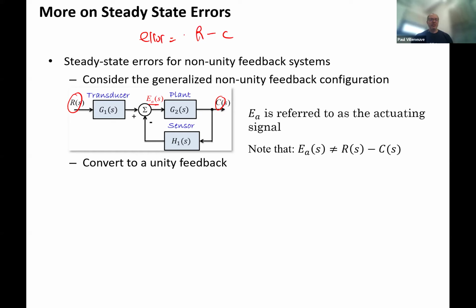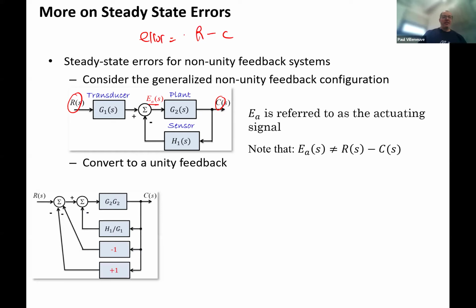which means we need to convert to unity feedback. How do we do that? It's just block diagram math. Oh, and this is a typo. I apologize. That should be G1. What I need to do is I need to combine that half. I need to move that into the block diagram. So I need to move my summing junction to the other side.